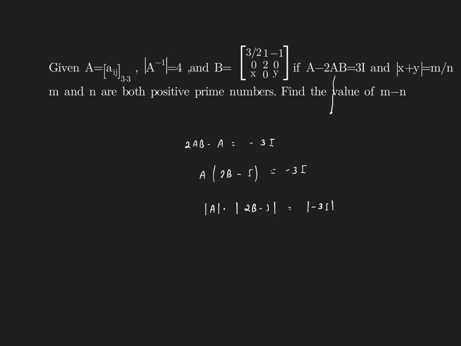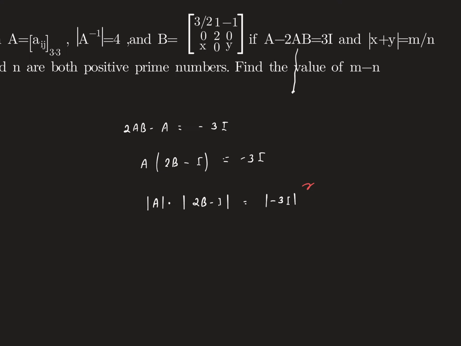Since it is a three-dimensional matrix, the determinant value is -3 to the power of 3, times the determinant value of matrix I, which is 1.